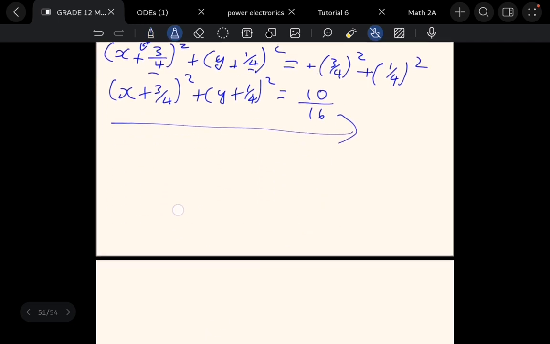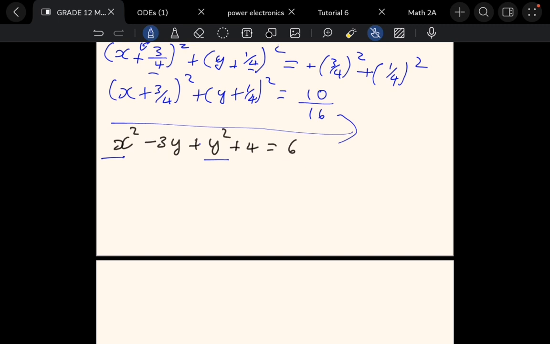Let us have x squared minus 3y plus y squared plus 4 is equal to 6. What do you notice? Look again at the coefficients of y squared and x squared. The coefficients here are the same, which is 1.